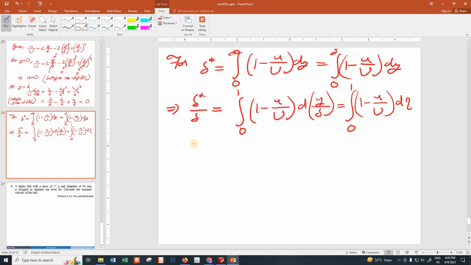The u by U infinity can be rewritten in terms of eta, which is y by delta: 2 eta minus 2 eta cube plus eta to the power 4.